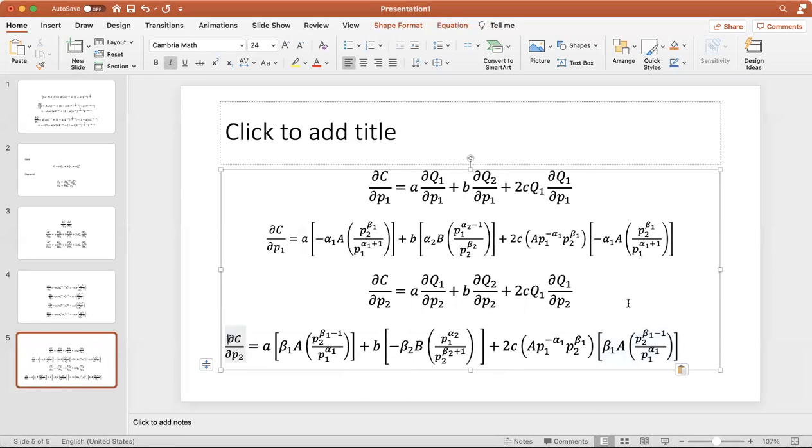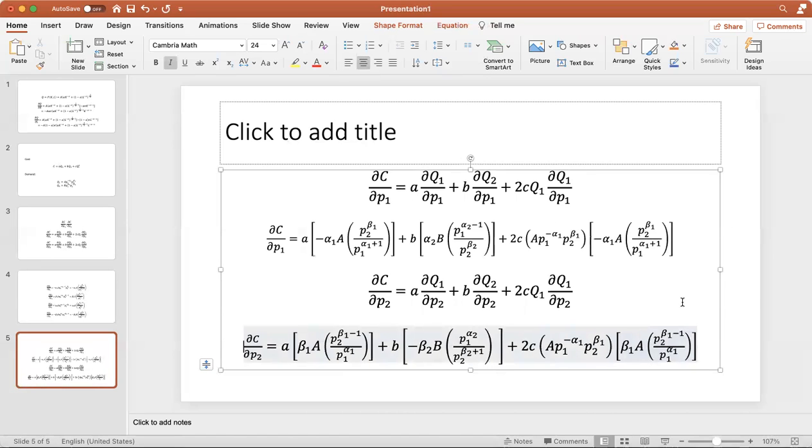And there you have it. All right. So this is the partial of the cost function with respect to P1 and P2. Now, like the case for the derivatives of single variable functions, it's just a matter of practice and being comfortable seeing a lot of terms like this and being able to simplify these expressions later on, albeit correctly, of course.